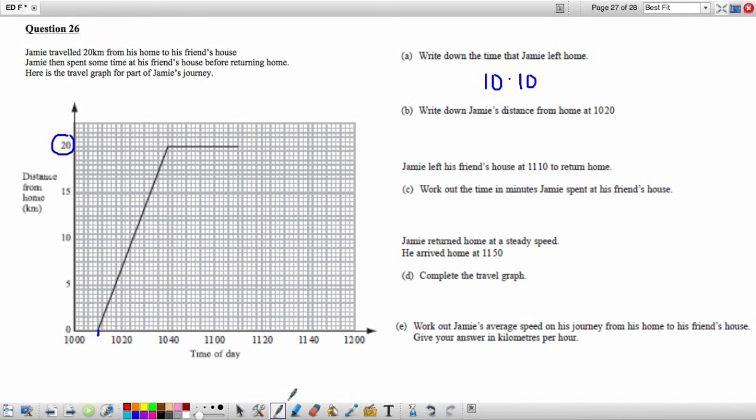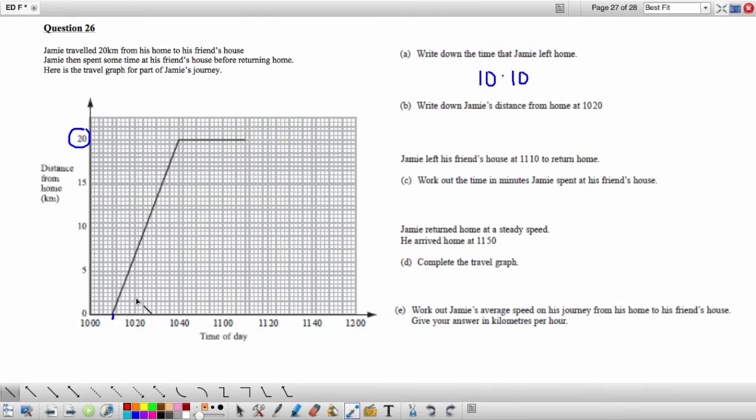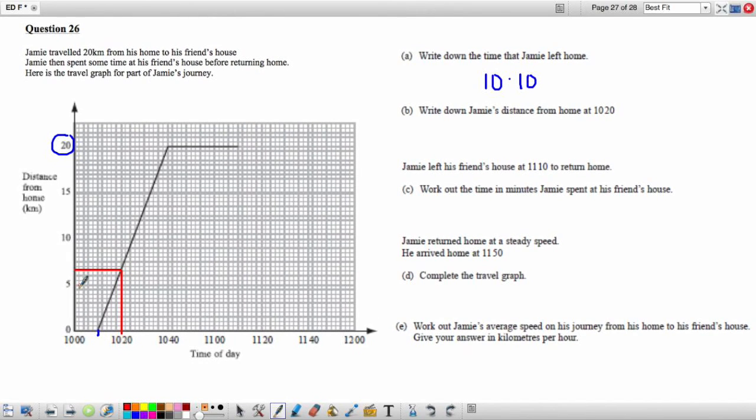So going to our graph here, going to 10:20, drawing a line up and across, we can see here that at 10:20 he is approximately, here if we have 5, we're looking at approximately 6 kilometres.